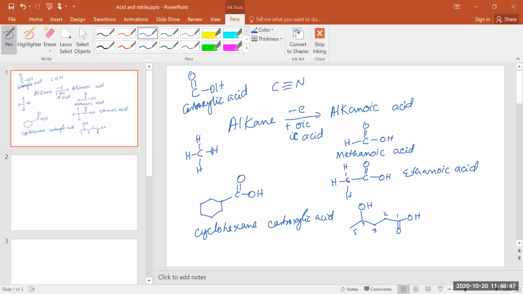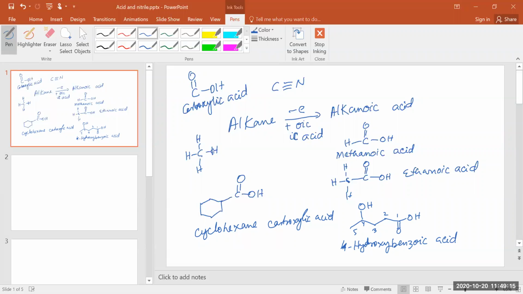At the fourth carbon, it's a 4-hydroxy benzoic acid. So this is 4-hydroxy benzoic acid.